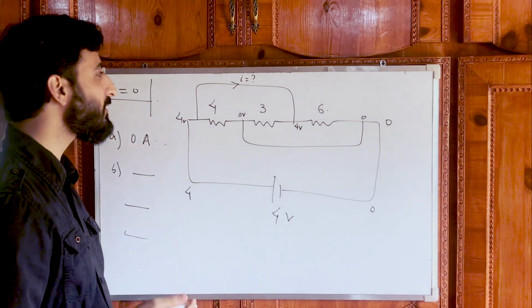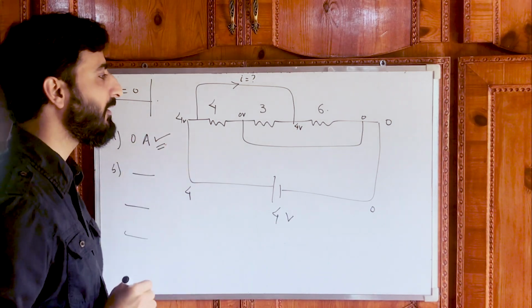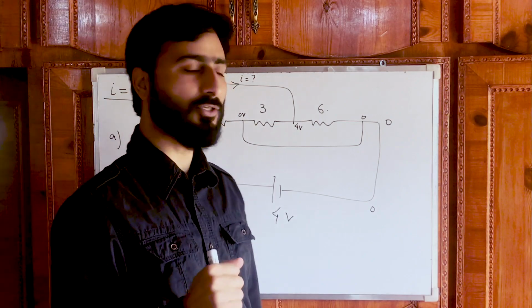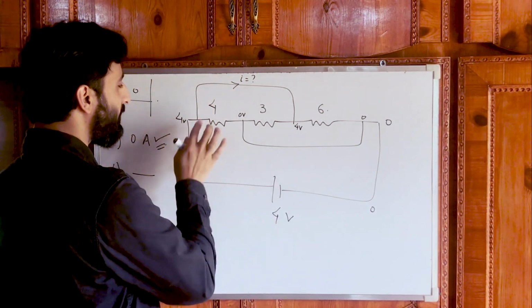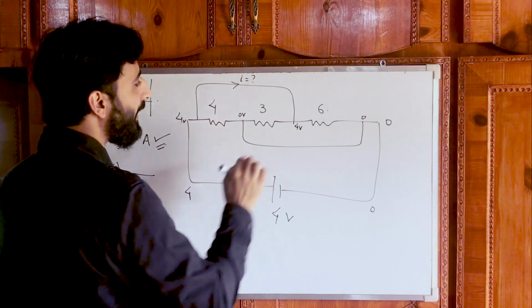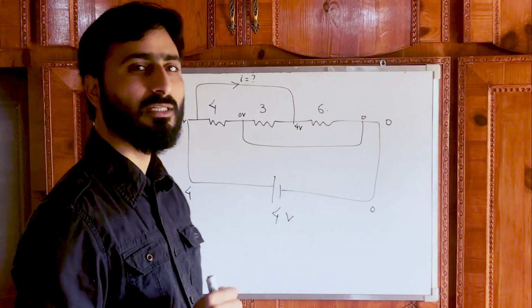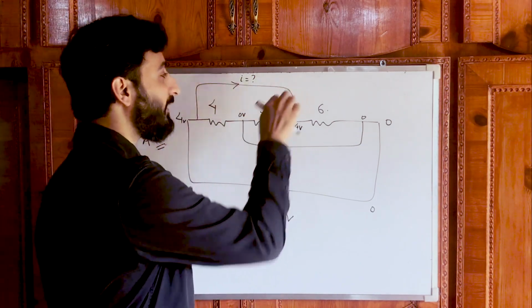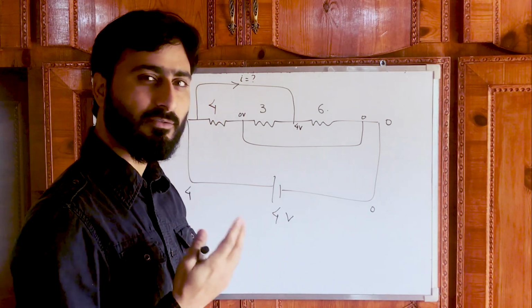And most of the students think that 0 is the answer. And they go by this logic that this point is at some potential. Right now it is at 4 volt, and this point is also at 4 volt. Since both the points are at same potential, there will be no current through this conductor.